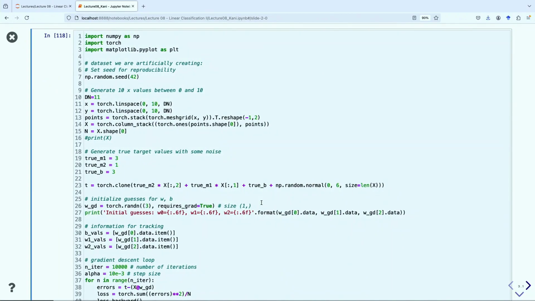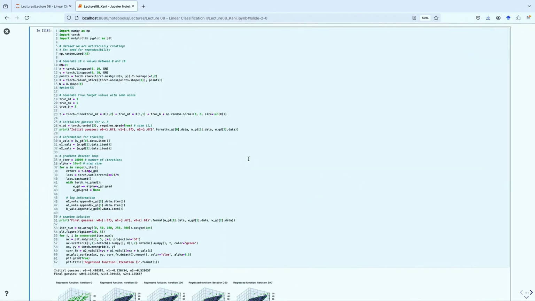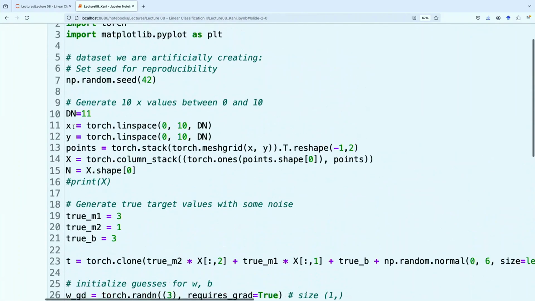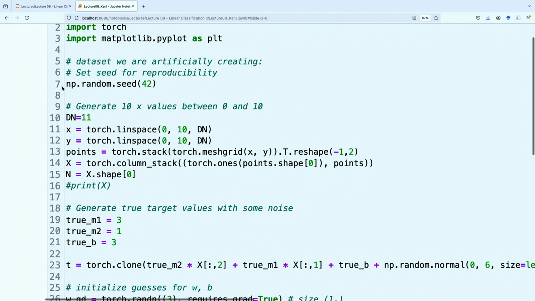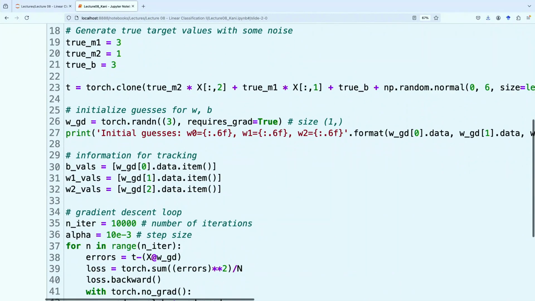Looking at this in code, let's say we have a 2D data set. All of this is just flavor to generate some synthetic data set. We don't need to really do that. But let's say we want to fit a plane to a particular data set.